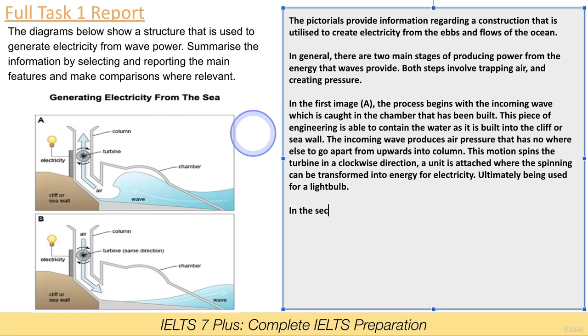In diagram B, the wave, what's happening here? The wave is going back, it's receding, bye-bye. And then this is changing the air pressure. So that's the main point that we want to mention here.